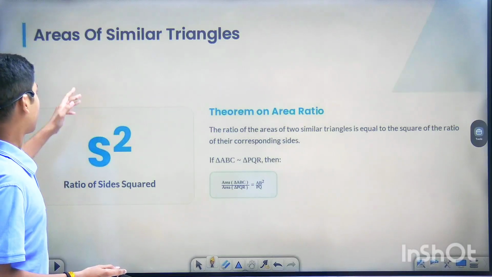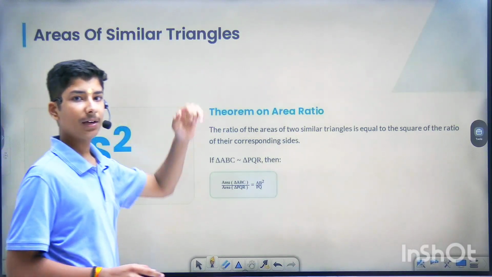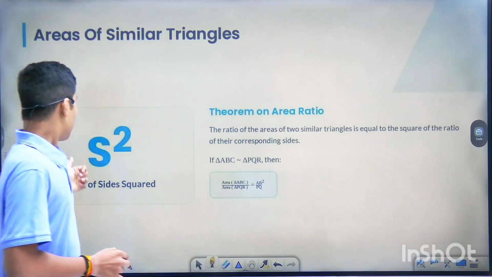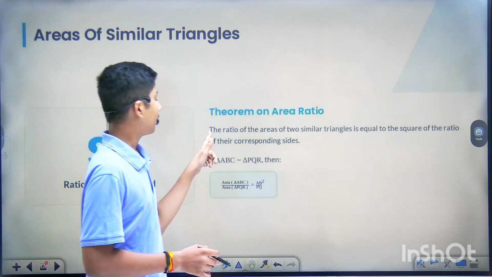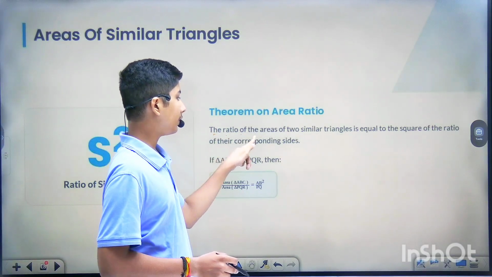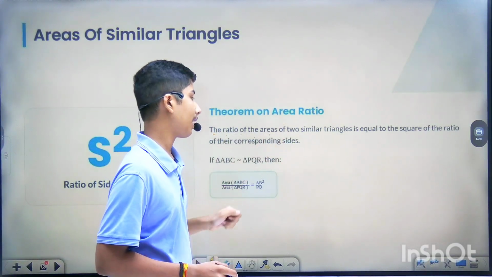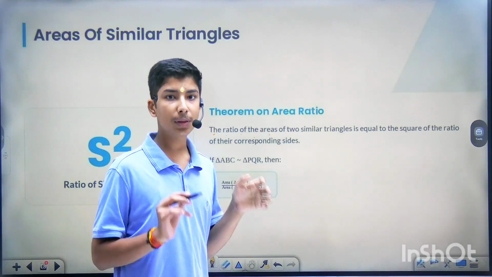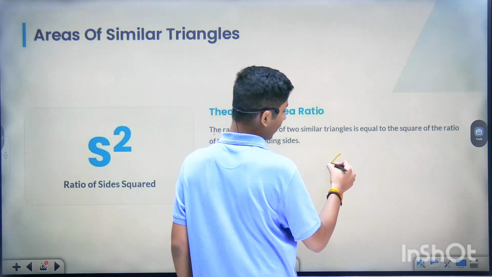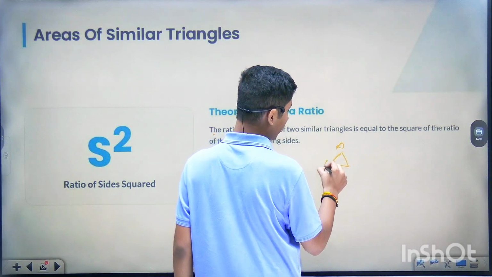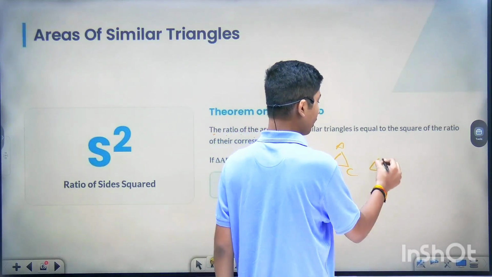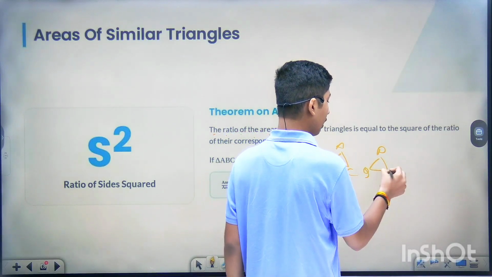And now here comes areas of similar triangles. See, it says the ratio of the areas of two similar triangles. For example, triangle ABC and triangle PQR.